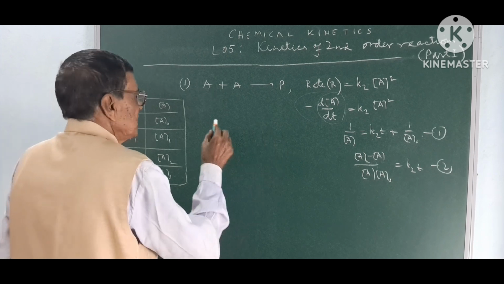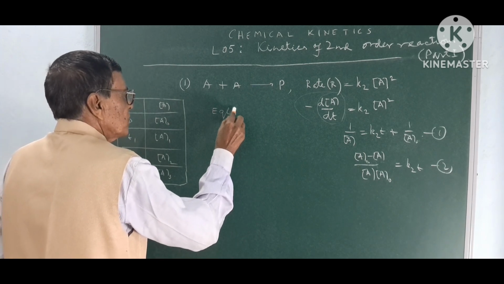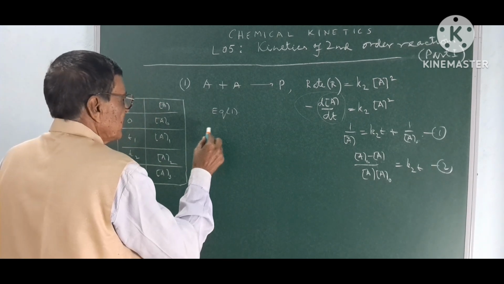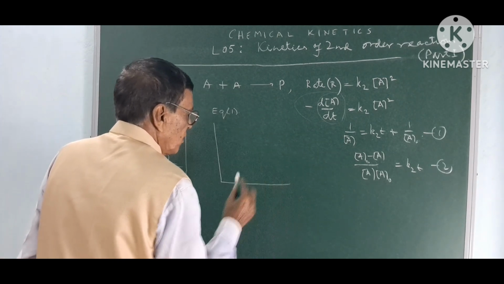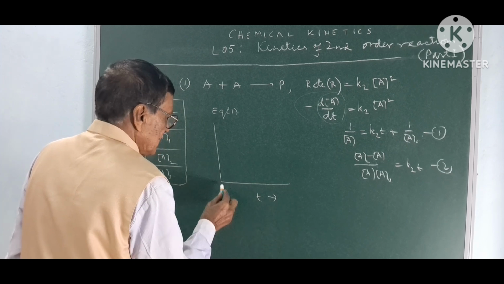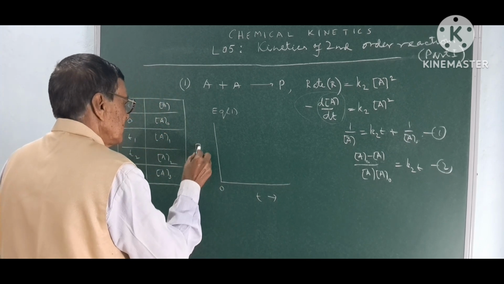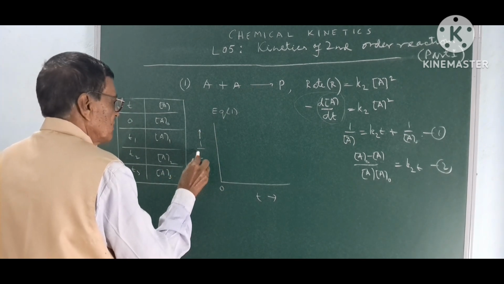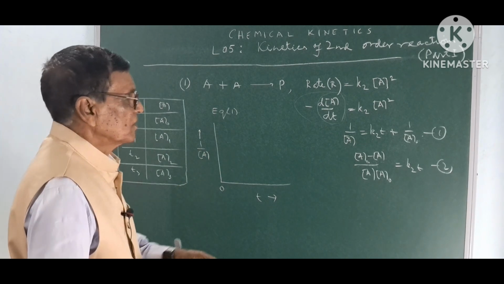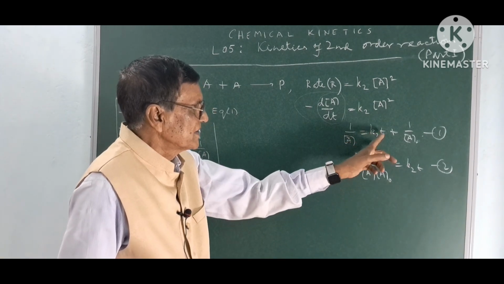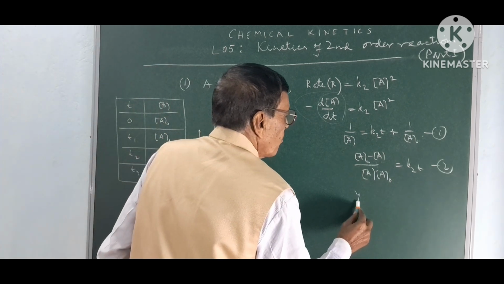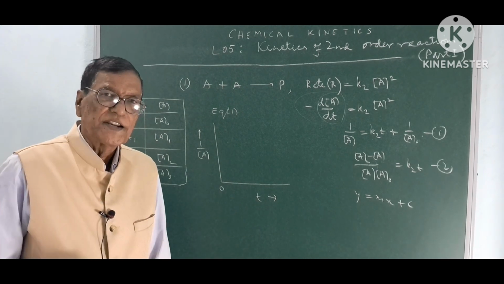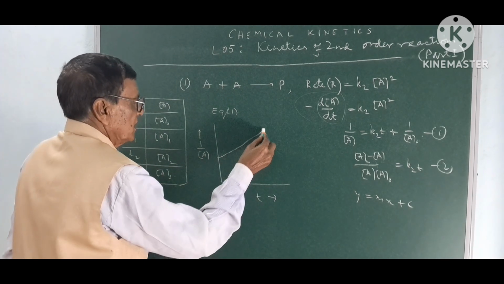Say suppose you are using equation 1, so in this case you just do the plot, here the time, here 0, and 1 by concentration of A versus T. So it will be the equation y equal to mx plus c. So it will be a straight line having an intercept. So this will be the graph.